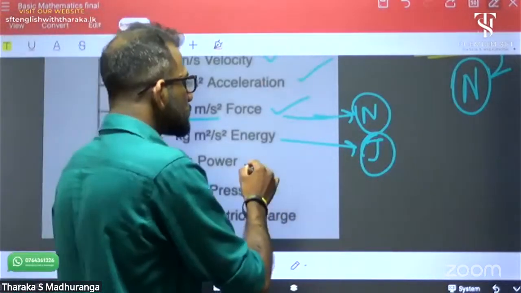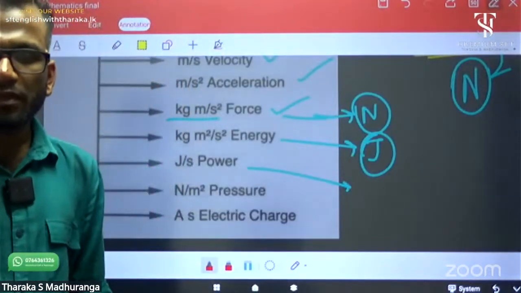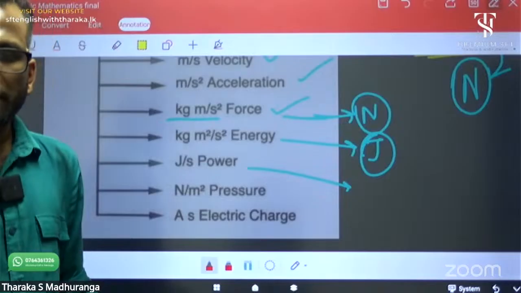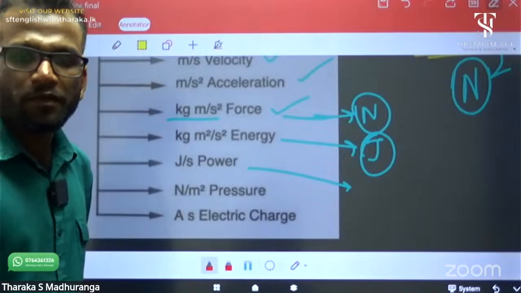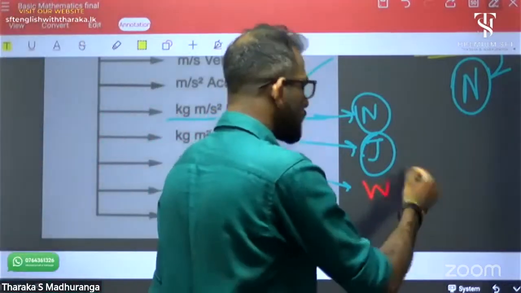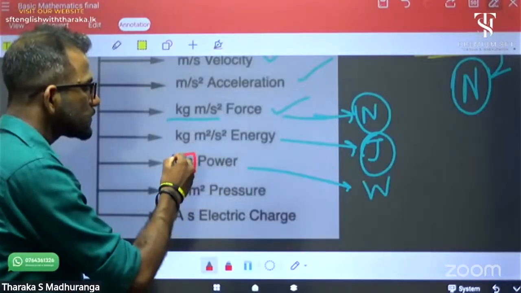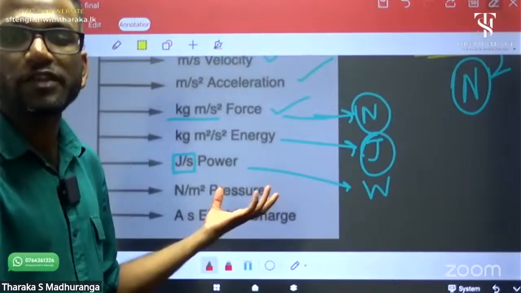Okay, power. What's the unit of power? Very good, capital W, watt. But the actual unit is joules per second, the energy within unit time.